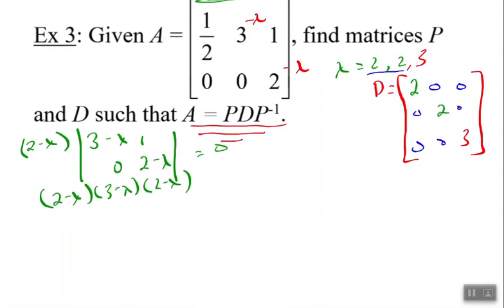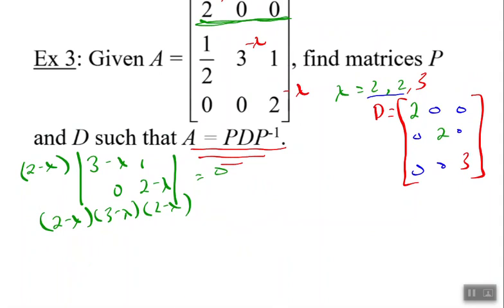So if lambda is 2, now I'm going to go back, and looks like that is green. So when lambda is 2, what we're going to have is 0, 0, 0, 1 half, 1, 1, 0, 0, 0. It's never a bad idea to go ahead and write it like that.